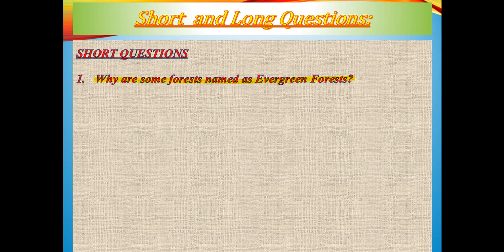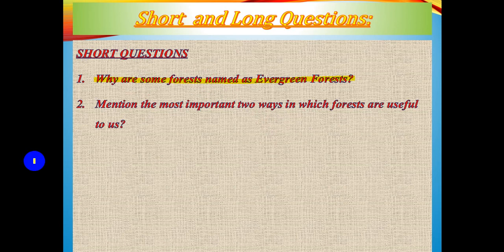So as a result, a part of a forest remains blooming, remains evergreen, and thus these forests are named as evergreen forest. Mention the most important two ways in which forests are useful to us. So for all living beings, the most important one way is providing oxygen for our own survival, and second, maintaining the environment or the ecological balance by providing habitat to the wildlife.